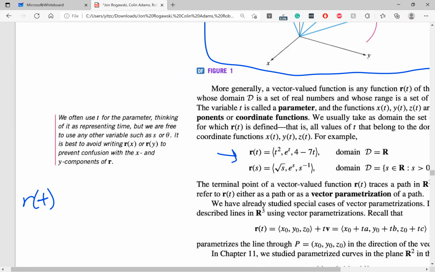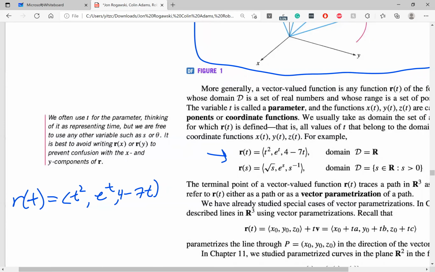It will be to, let's say, do some calculus on it. But you can have r of t equal to t squared, e to the t, and 4 minus 7t. So that would be this example over here. But you can really almost do anything you want.